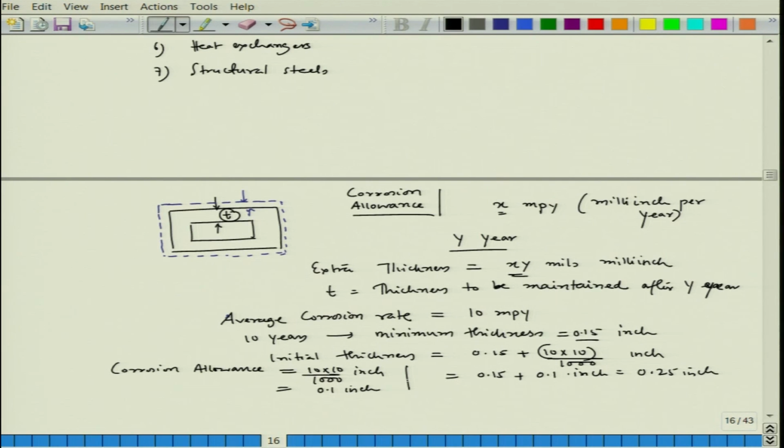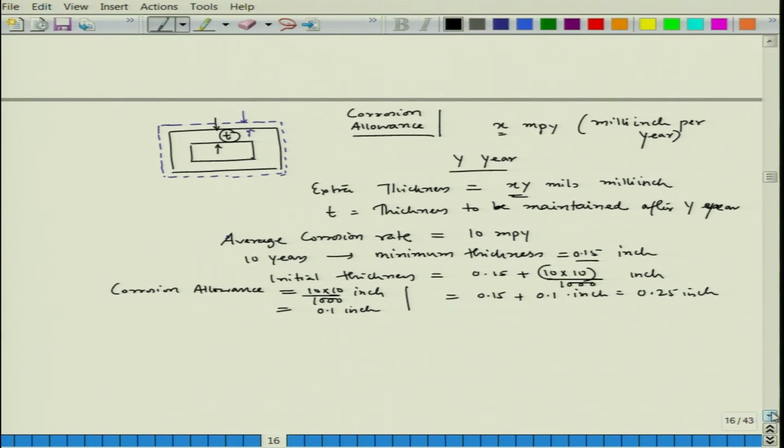That way one can calculate what the initial thickness to start with should be, but remember we are doing it considering the average corrosion rate for that many years. This average corrosion rate may be different. For example, one year it could be 10, another year it could be 20, like there is some accidental corrosion. Those things can happen, but this way you can somewhat protect that particular material, fine.